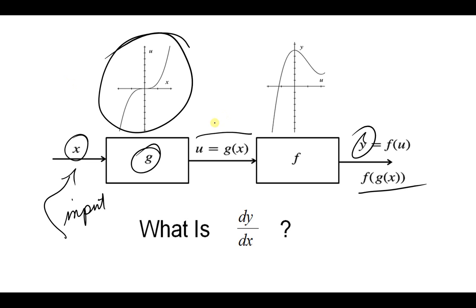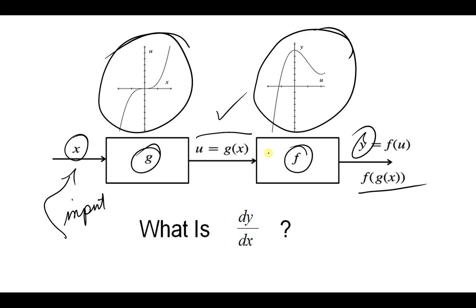And then suppose the output of g of x, which is u, goes into a different function called f of u, and obviously it's not linear either. So in order to calculate dy dx, you have to take into consideration everything that's changing.